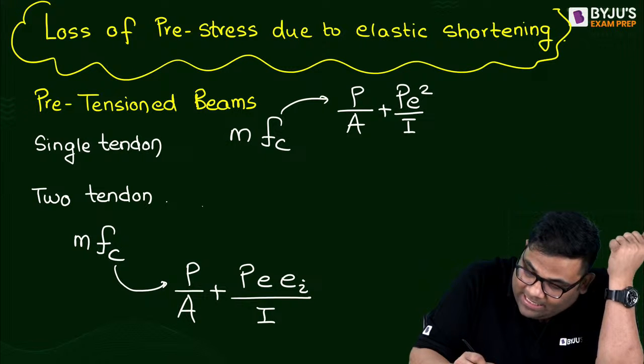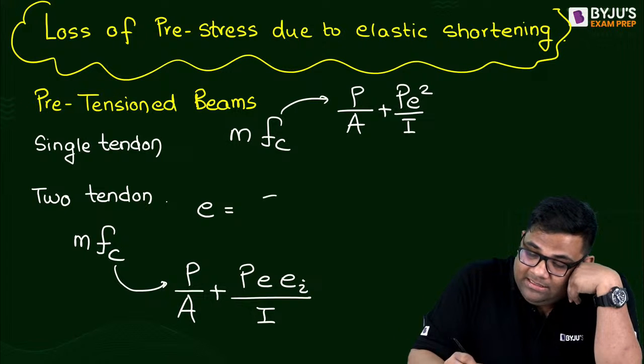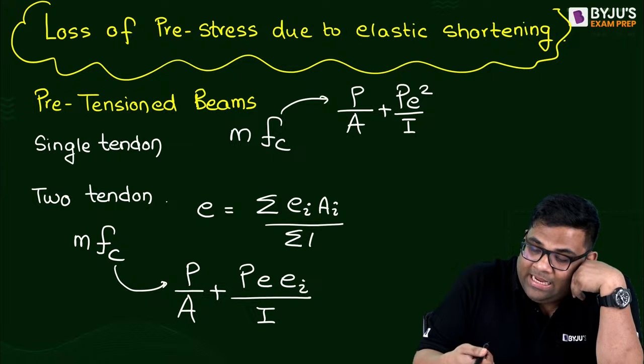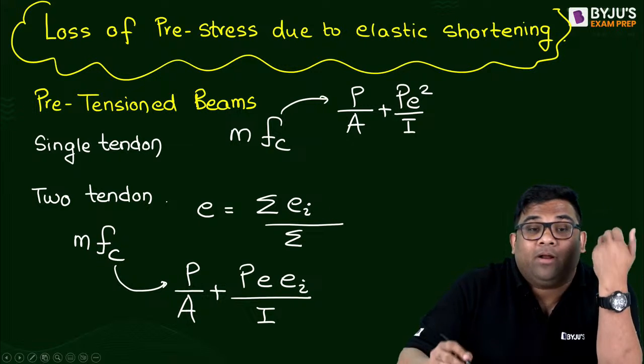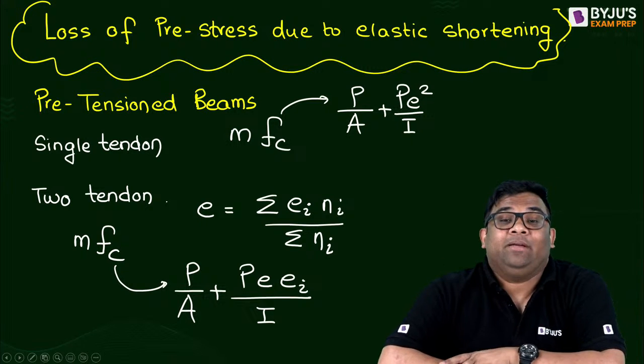Or I can say, what will be the effective eccentricity? Summation of EI AI by summation of AI, and I told you that the area depends on the number of tendons. So it is summation of Ni.